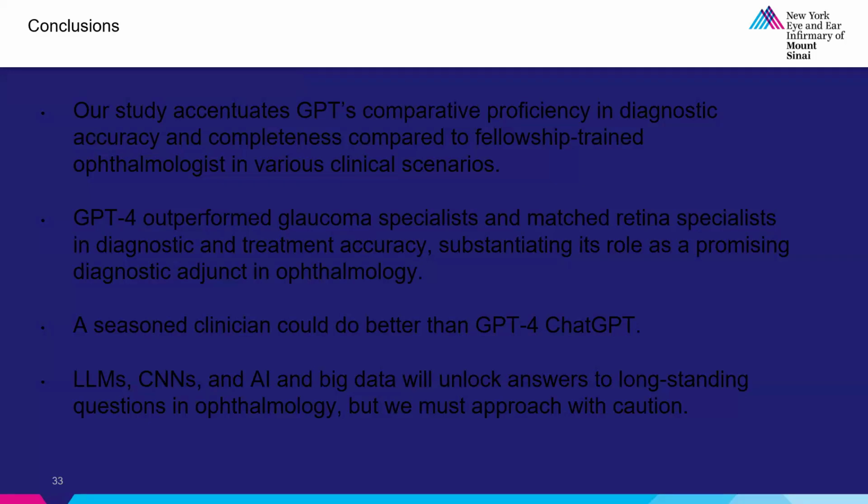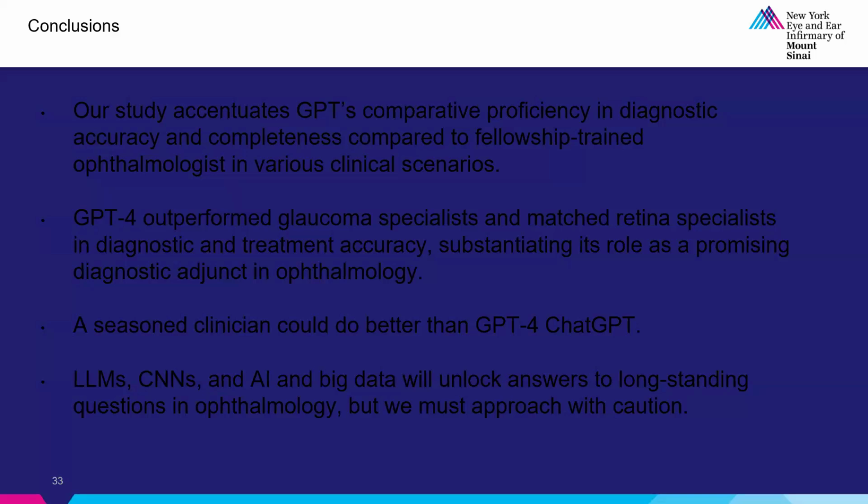Our conclusion here is essentially that, yes, in some ways large language models have been comparable or have even outperformed in some aspects. A seasoned clinician is still going to be better in a lot of ways and can perform better than ChatGPT-4.